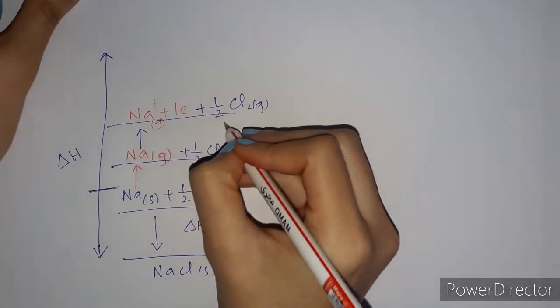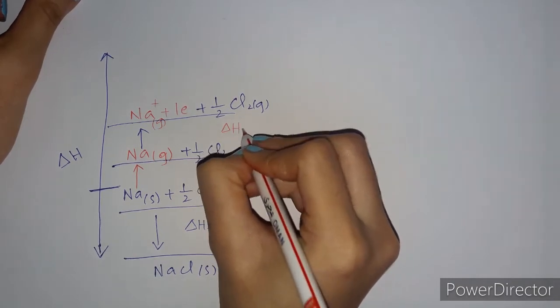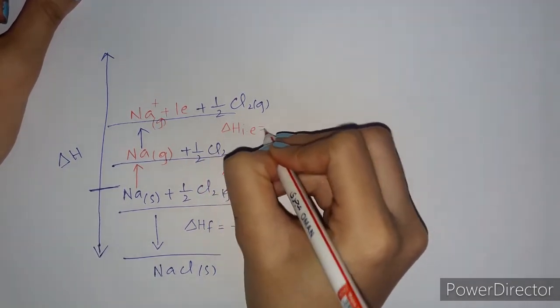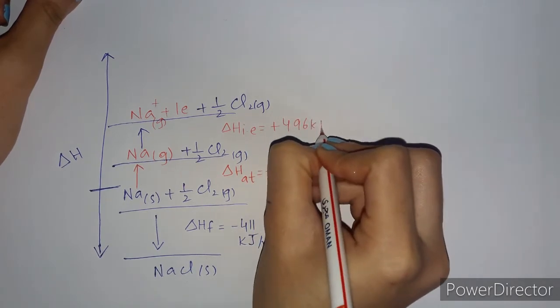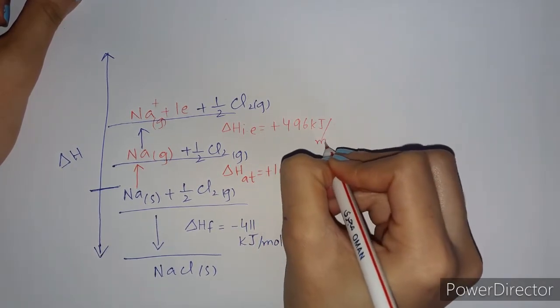Here enthalpy of ionization is included, which has a value of plus 496 kilojoule per mole.